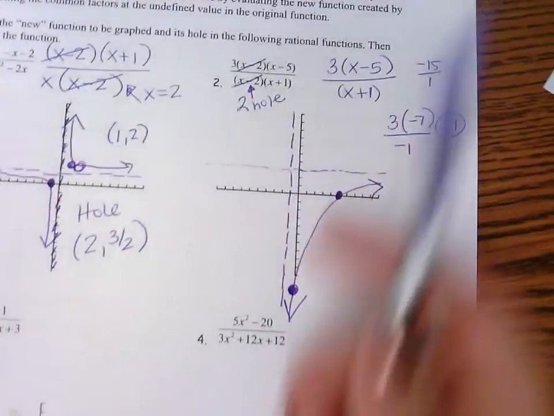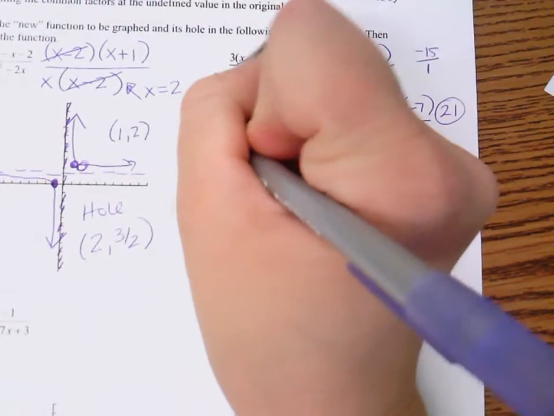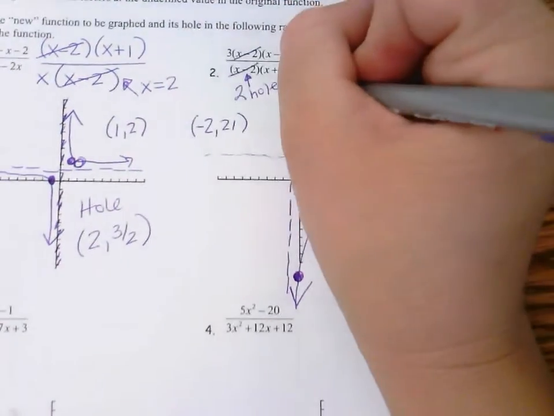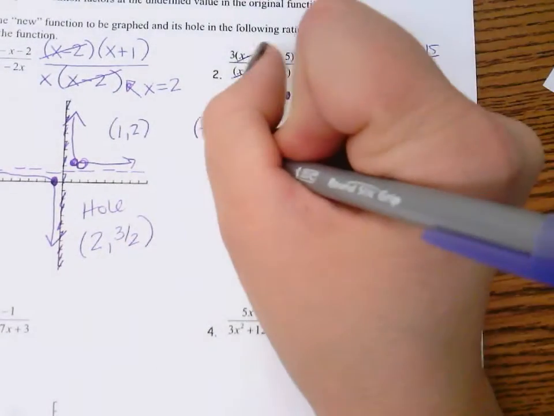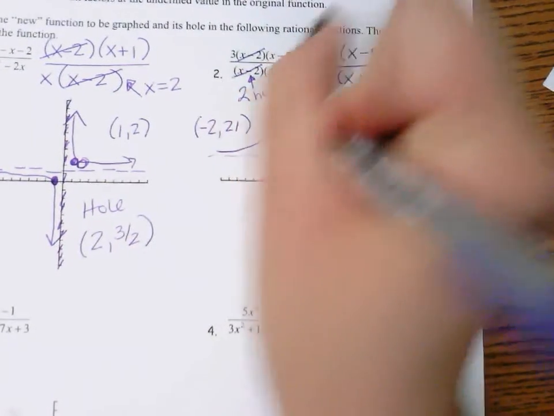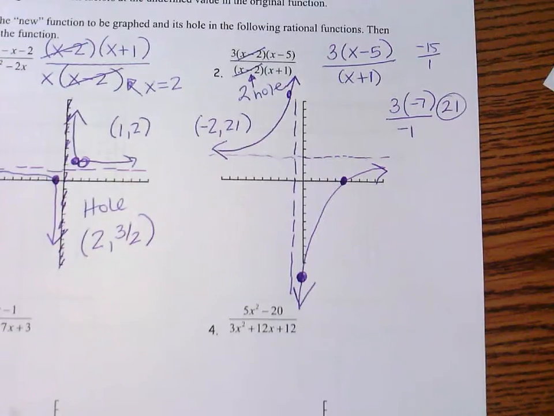So at the point negative 2, my graph shoots all the way up to positive 21. I just can't really fit that. So negative 2 comma 21 is my key point that I can't quite fit, but I know it goes there.